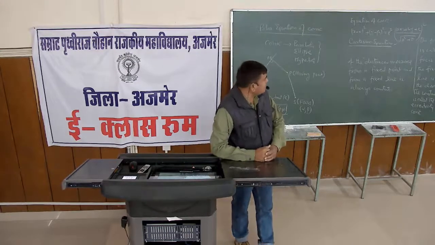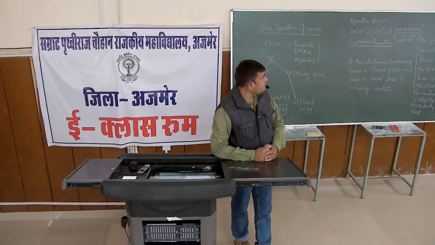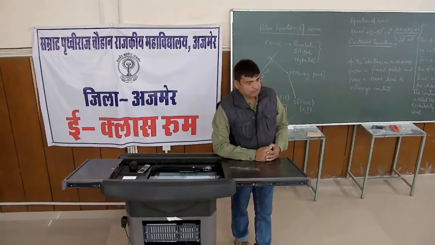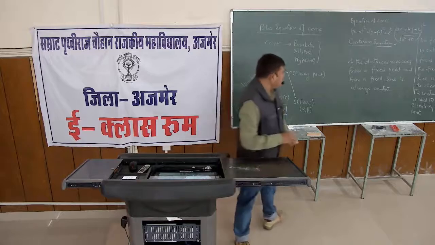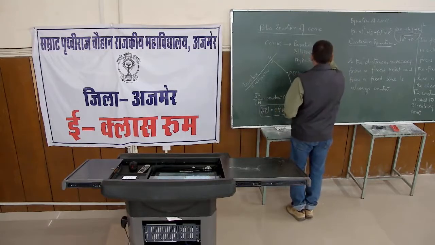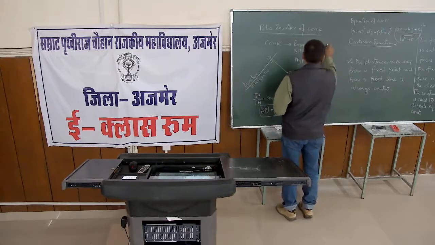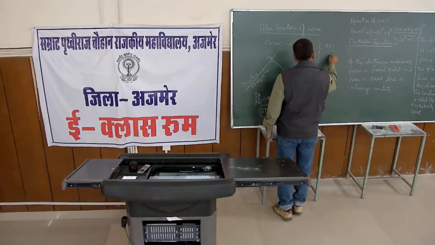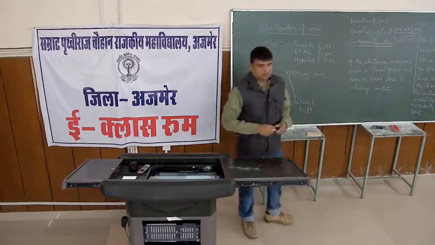This is the general equation of conic. It depends on the value of e. If e equals 1, then it is parabola. If e is less than 1, ellipse, and if e is greater than 1, then this is hyperbola.